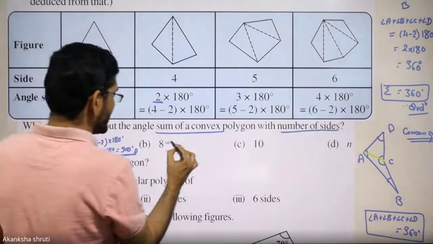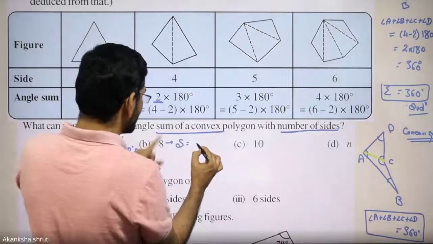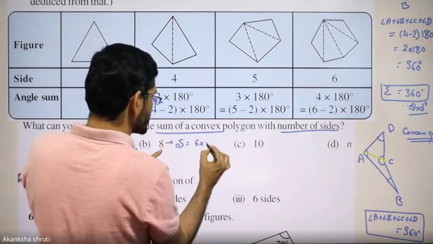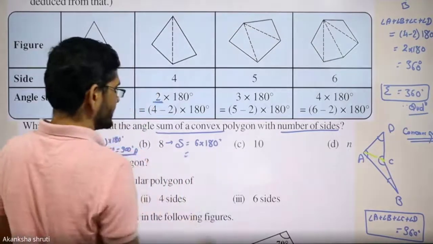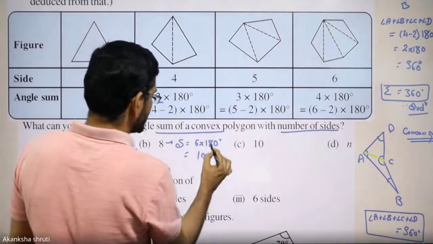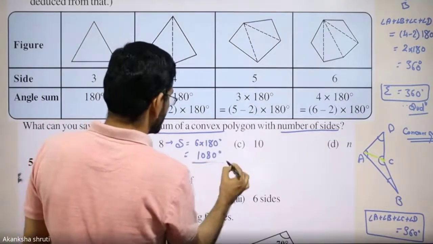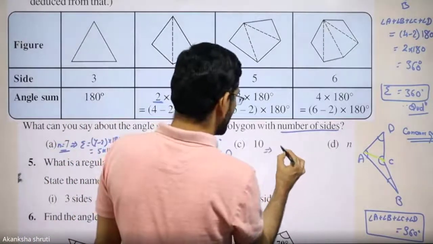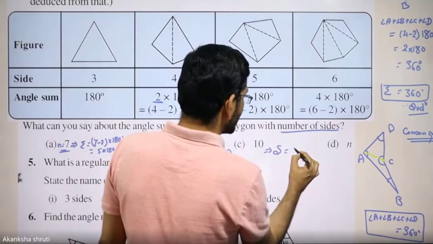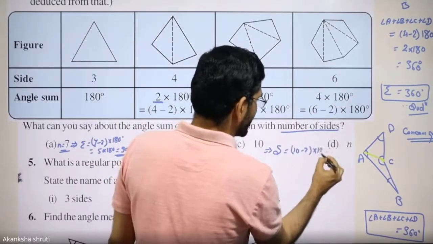In this case, the sum of internal angles will be our 8 minus 2, so 6 into 180 degrees. Students, for the 10 sides, the sum of internal angles is 10 minus 2 into 180 degrees.